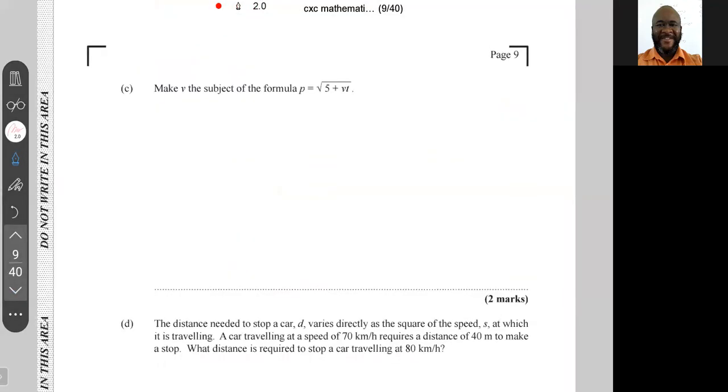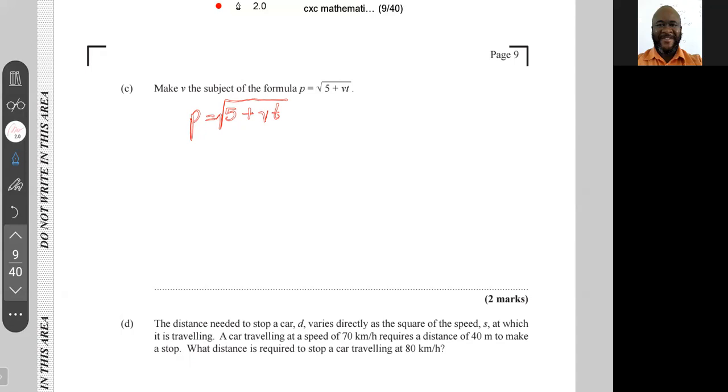All right, so C is asking us to make V the subject of the formula. So we have P is equal to 5 times the square root of 5 plus VT, and we want to make V the subject. When we're finished, we must have V by itself on one side.